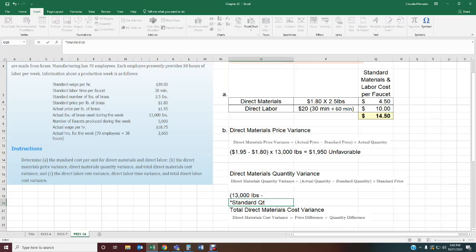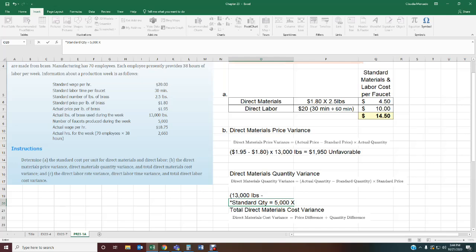Your standard quantity is going to be, well, I know that I produce 5,000 faucets during the week. That is my goal, the number of faucets produced during the week. I'm going to multiply that 5,000 times how much brass I anticipate using per faucet.